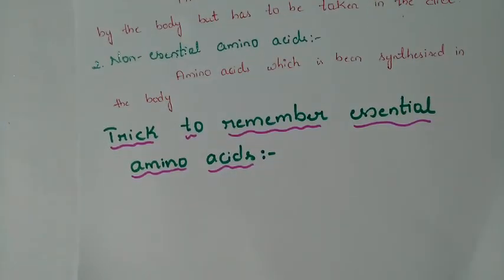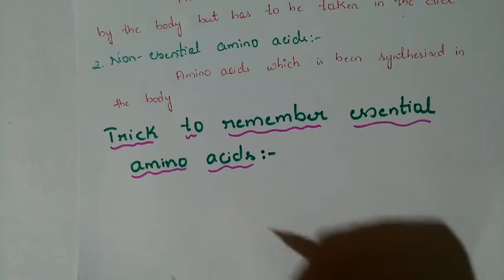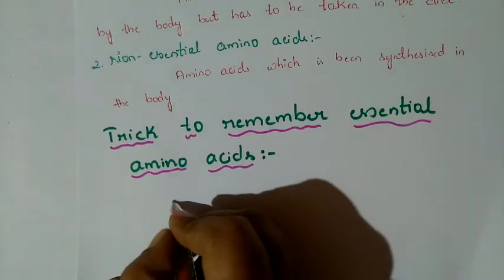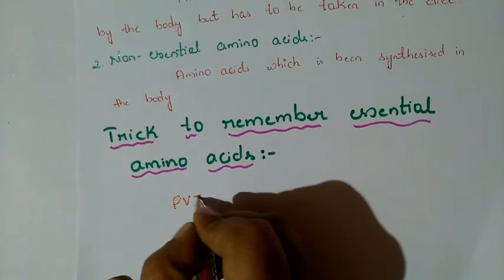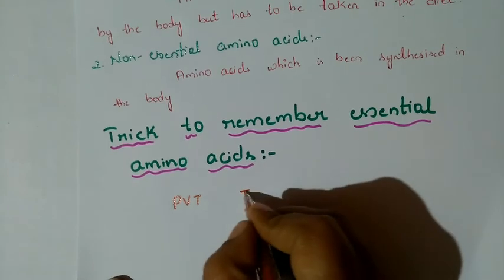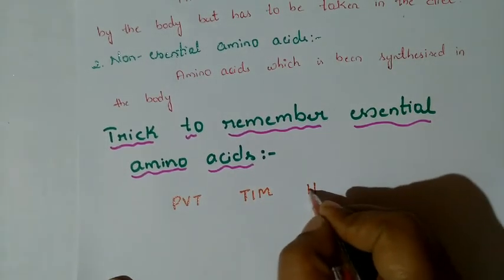We have many different sentences or different words framed from the first letters of those amino acids. You can remember them in this way or in a different manner also. The simple one I am going to teach you is PVT, Tim, Hall.